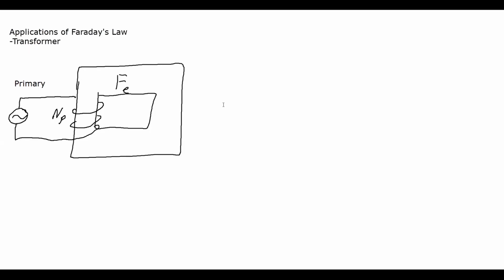That's the one that's providing the electricity. And I have another circuit here on the other side. Let me do this in blue. I have another circuit where this circuit is just connected to a resistor or some kind of appliance. And this goes around this as well.